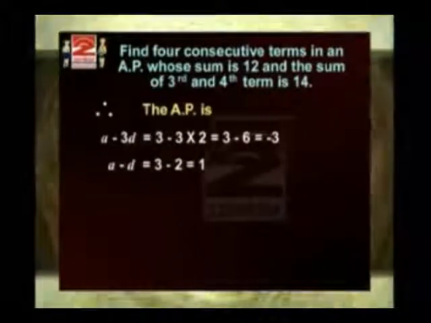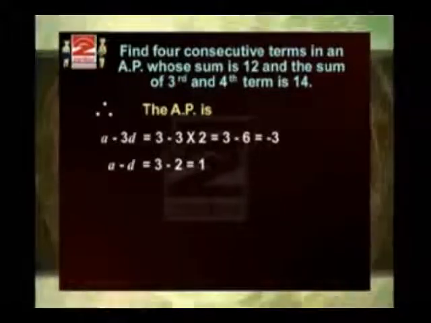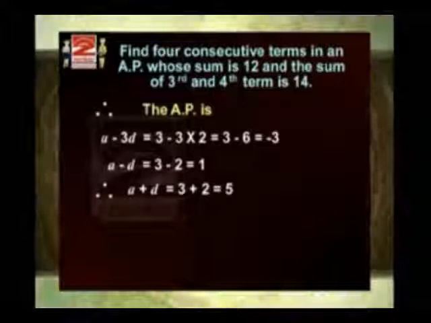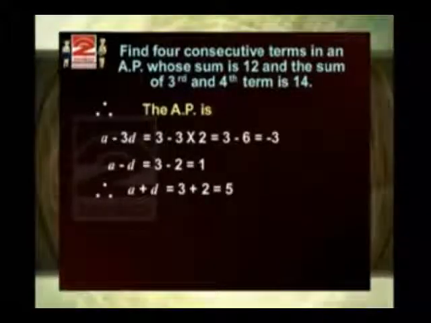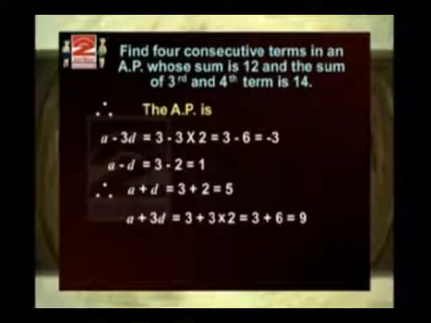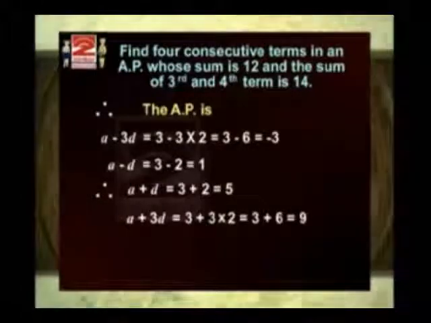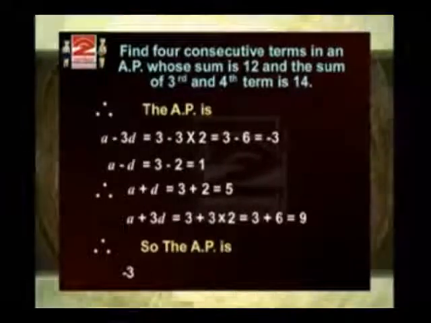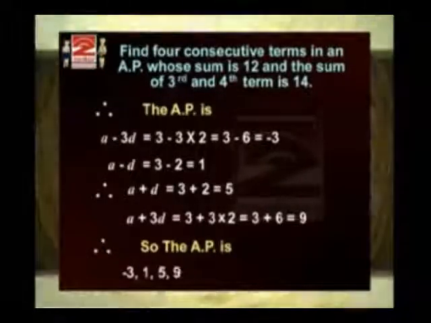A minus D is equal to 3 minus 2, that is equal to 1. A plus D is equal to 3 plus 2, that is 5. And A plus 3D is 3 plus 3 into 2, that is 3 plus 6, that is 9. So the AP is minus 3, 1, 5, 9.